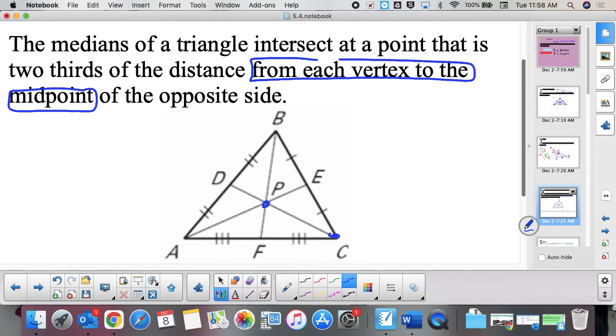So the 2/3 piece always goes vertex to centroid. The 1/3 piece goes centroid to the other side. It'll be set up that way every time. The key is going to be, can you work through and find those missing parts?